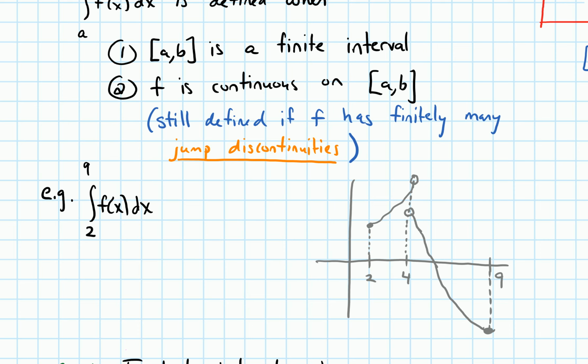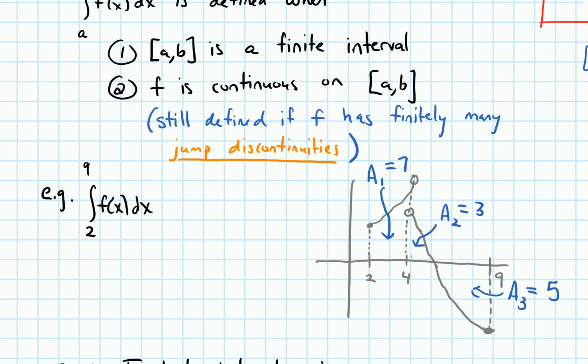The first region from 2 to 4, I'm going to call A1, and let's suppose A1 is 7. The next region, from 4 up until where the curve hits the x-axis, I'll call A2, and let's say A2 is 3. This final region I'll call A3, and let's say its area is 5.